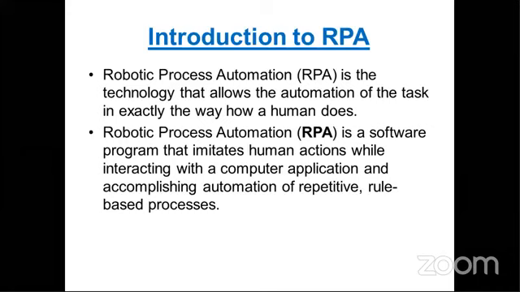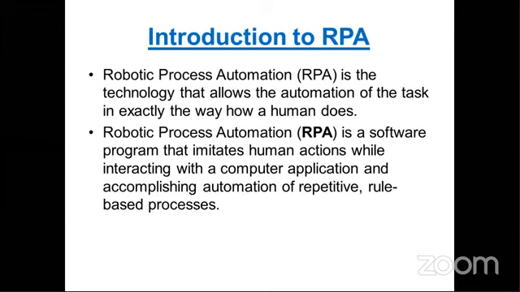Now its introduction: RPA is a technology that allows the automation of tasks in exactly the way a human does. Whatever a human can do, RPA can also do, but it should be logical or conceptual.